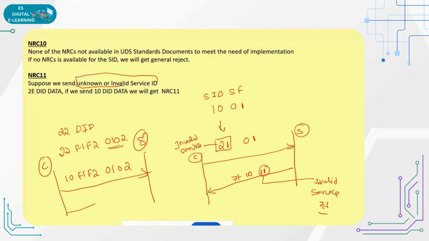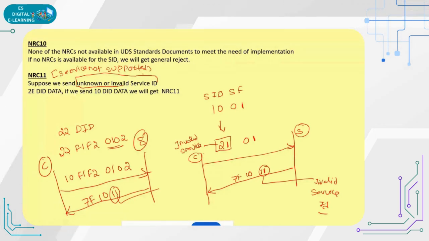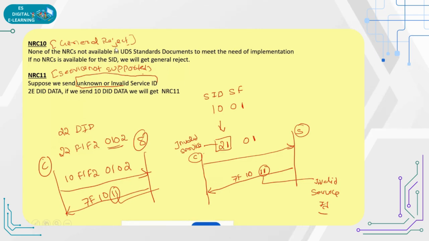You will get a response of 7F, 10 and 11, saying that we are sending an invalid service ID. So service not supported here. NRC 11 is service not supported. You write down like this: NRC 11 service not supported. This is general reject. Like this you can write down.